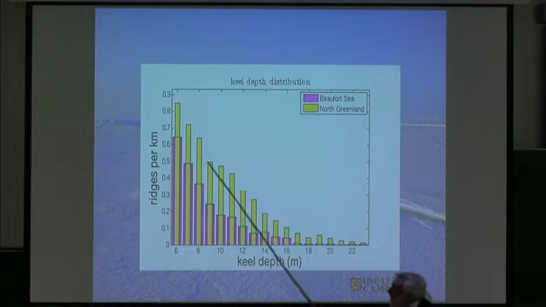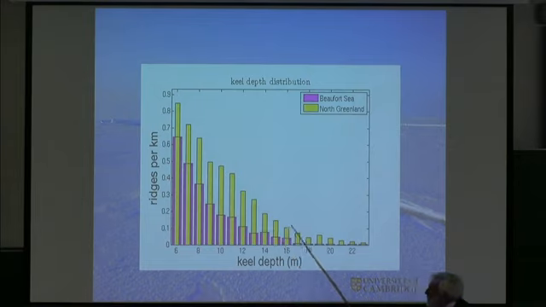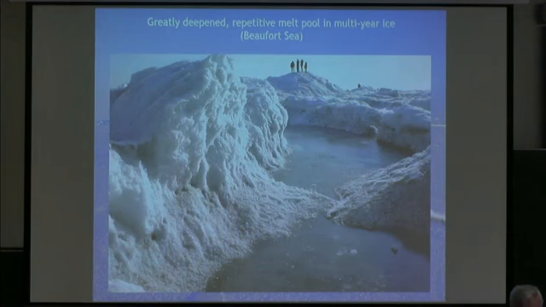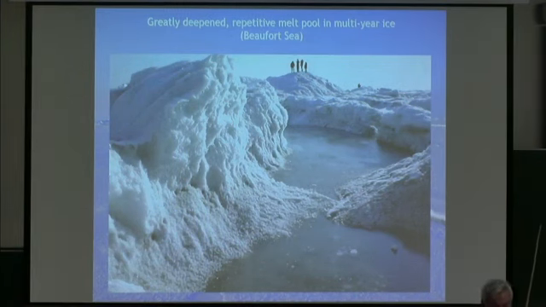So here's a region of multi-year ice north of Greenland, where you can see this is the distribution of pressure ridges per kilometre. It ends up in a much greater maximum limit, and greater numbers of ridges at all depth ranges. So we won't be getting many more of these kind of gigantically impressive multi-year ridges.